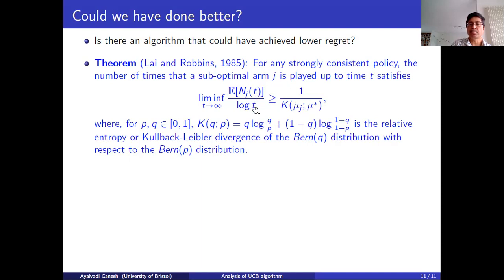So this is bigger than log t over this quantity here. And here is the definition of this quantity. So this depends on the reward parameters of arm j and the best arm mu1, which I've denoted here by mu star.